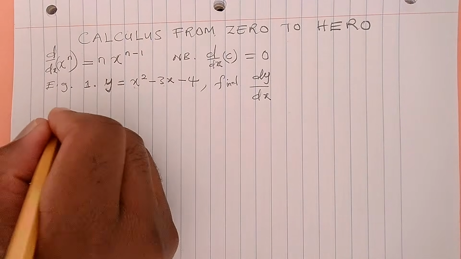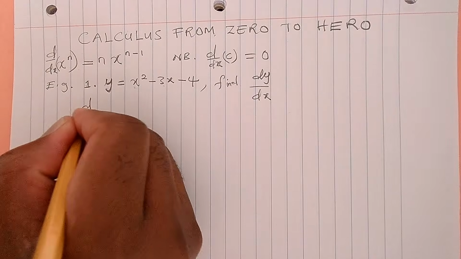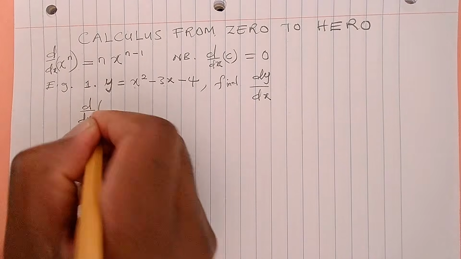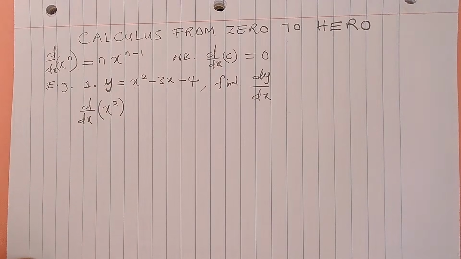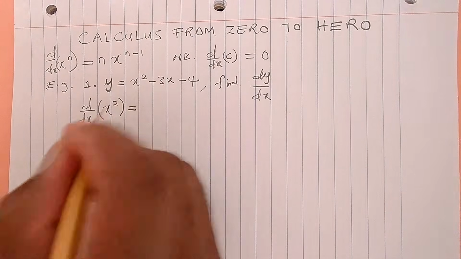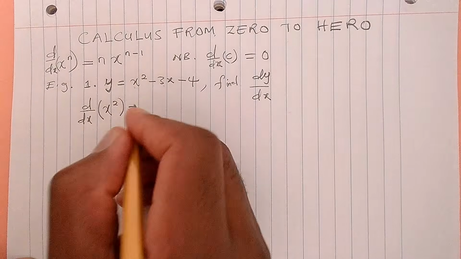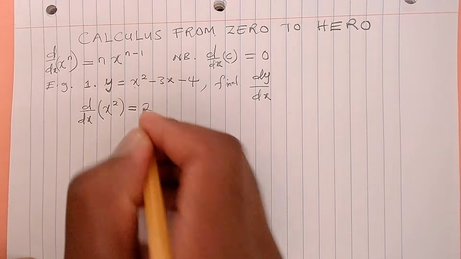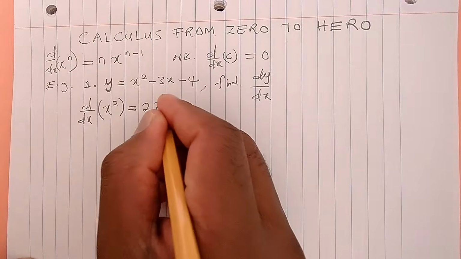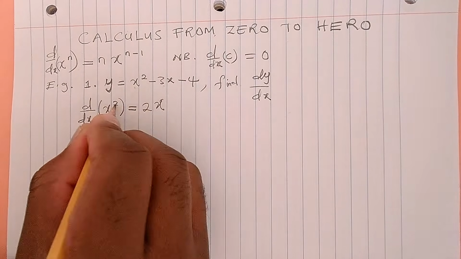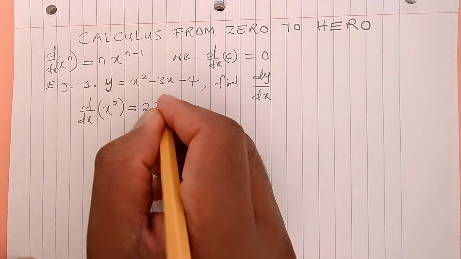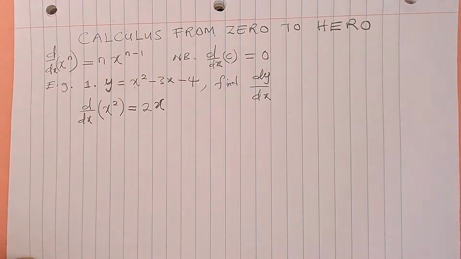Number 1, I have the derivative with respect to x of x squared. From our rule, you drop the power, that is 2, and then you reduce the power by 1. The power is 2, and 2 minus 1 is 1, so I just write x, because x is already to the power 1.